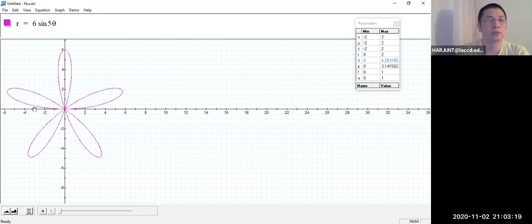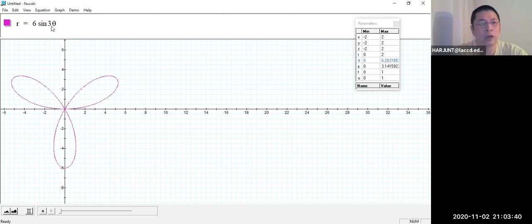See? Take the picture. See, if I change this to 3, then I will have 3 leaves. Right?